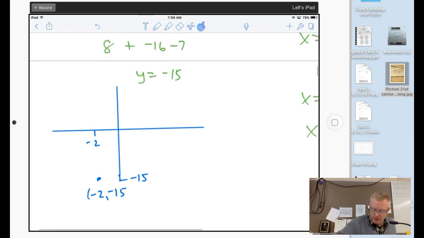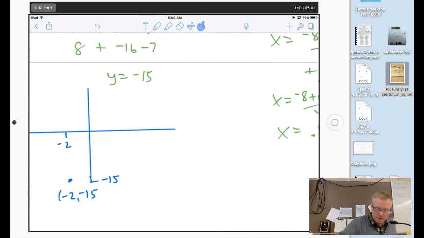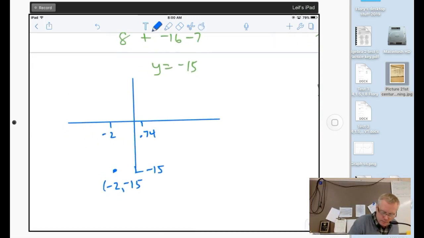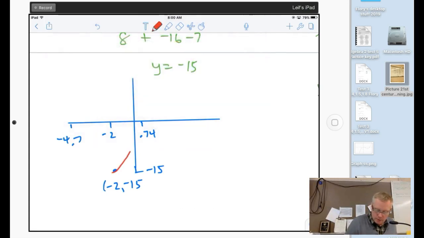And it's going to cross the x-axis at 0.74 and -4.7. So that's where it's going to hit. And make a quick graph here, hitting there, here.